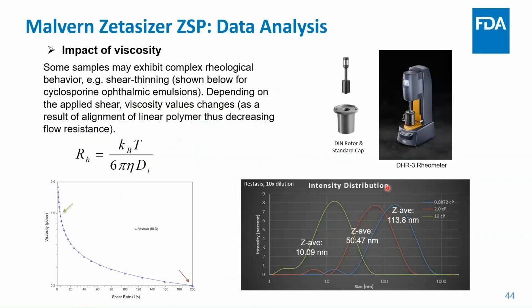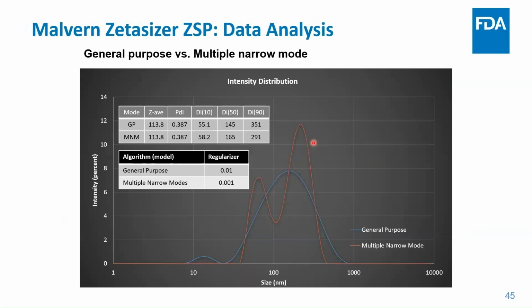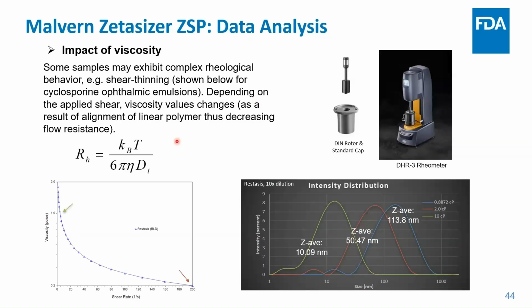And so we can see this here in the impact of viscosity. Viscosity is on the bottom of the system here. Viscosity, of course, changes with shear rate. This is for the rheostasis sample. So we know that at low shear, the undiluted sample is highly viscous, the rheostasis ophthalmic.